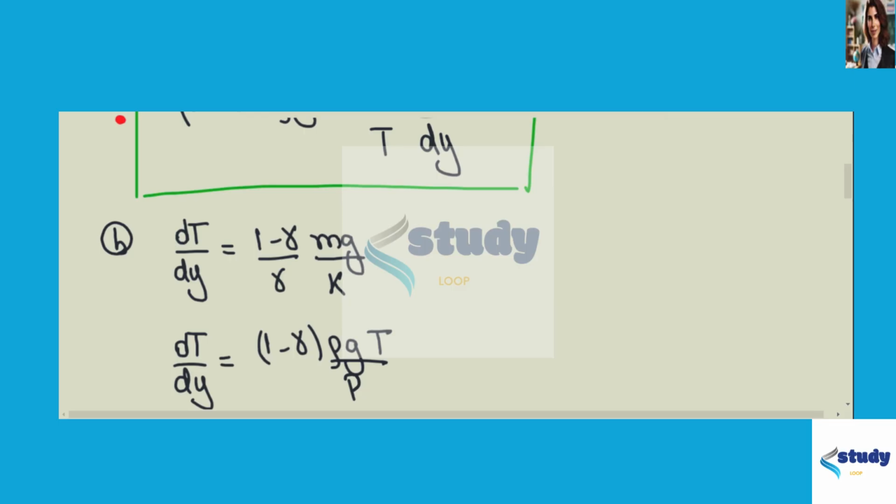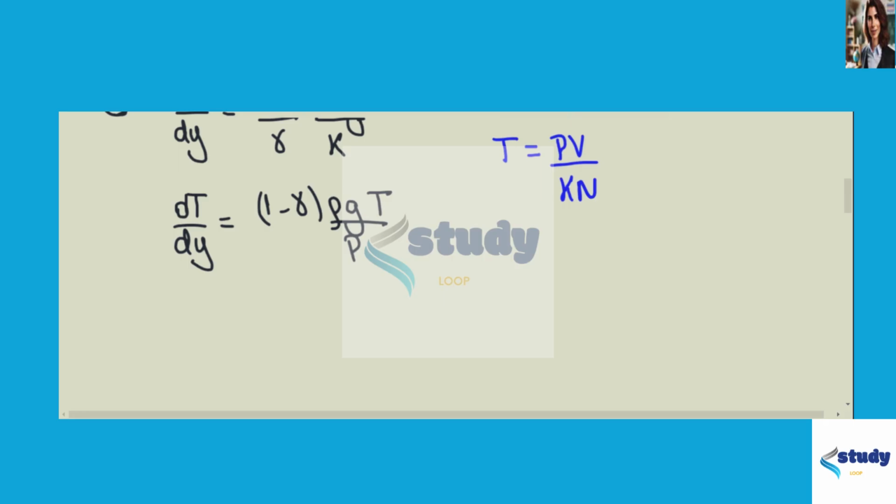Now notice that PV is equal to K n T. This means that T is equal to PV divided by K n. So dT dy is equal to (1 minus gamma) times rho g P V divided by P K n, where the P's cancel out.